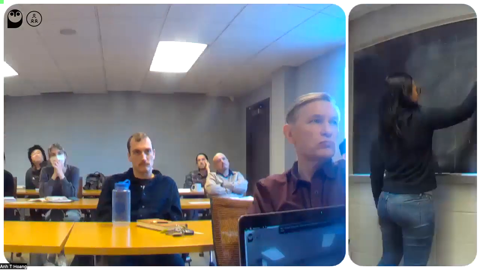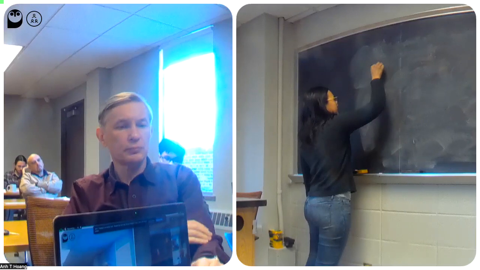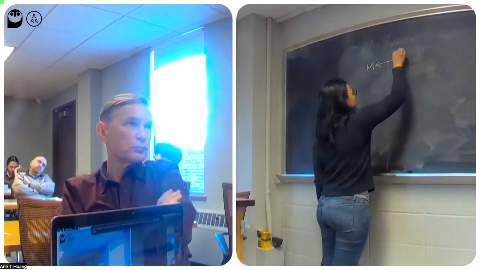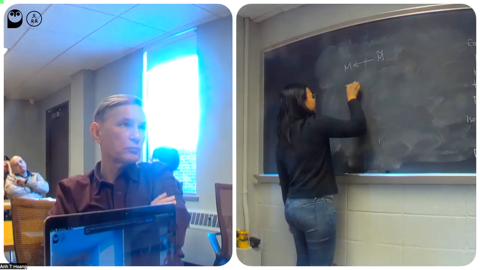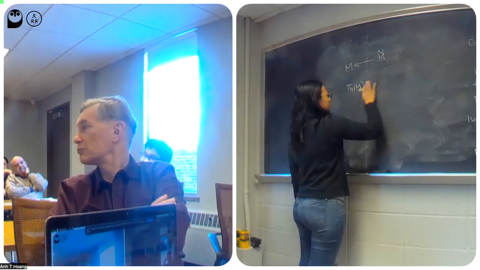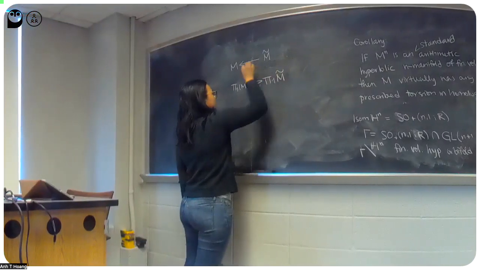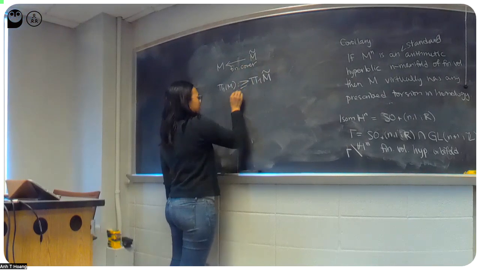I guess it's the same thing, because if you have a finite cover here, this is the same thing at the level of fundamental groups. This is a finite cover, and at this level, it's the same as just a finite index subgroup.